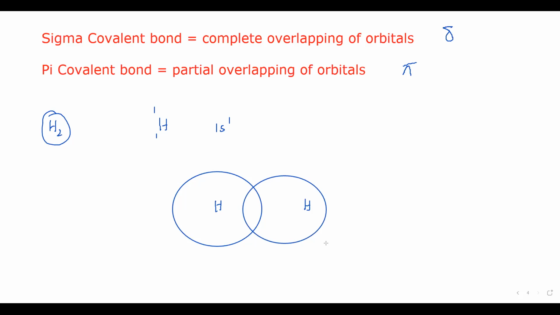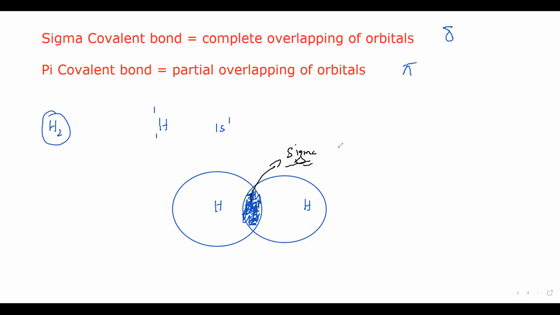And when these s orbitals combine, you can clearly see a region where they can easily overlap with each other. What we call that bond is a sigma covalent bond, because that is a complete overlapping. So this is a sigma bond, which is a strong covalent bond.